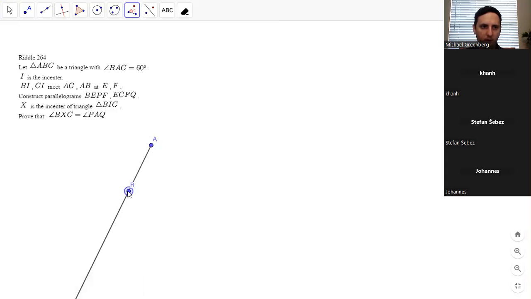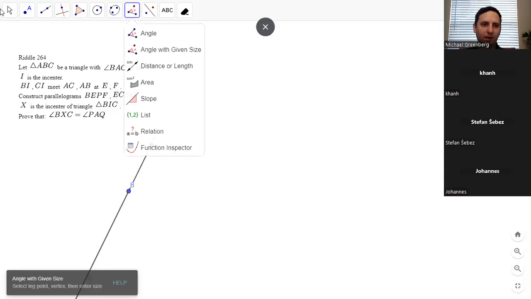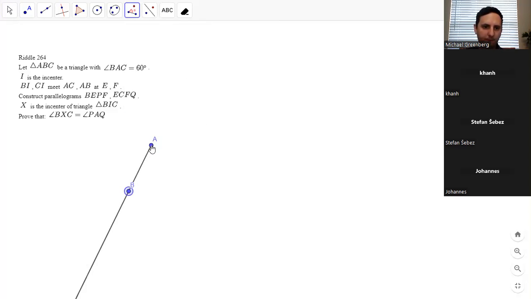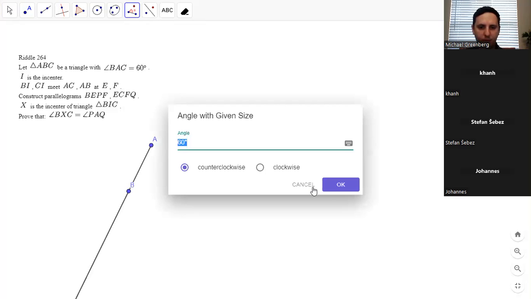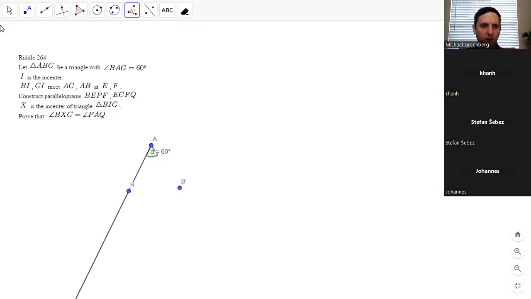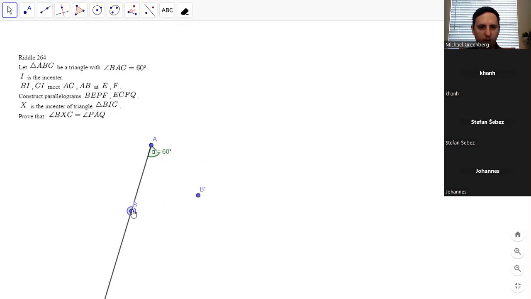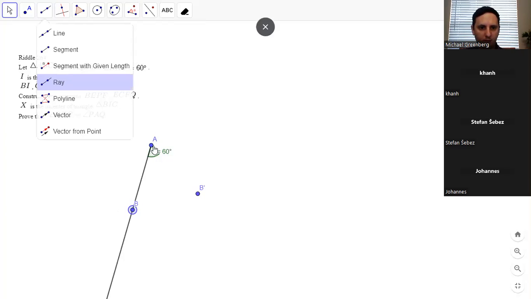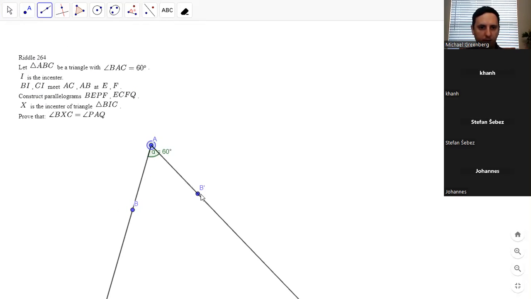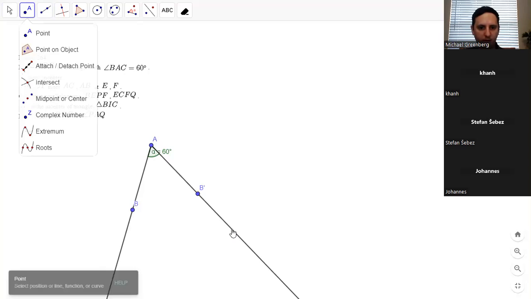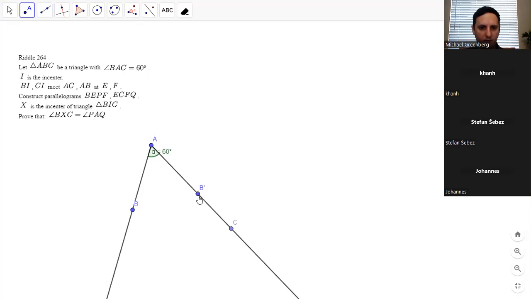Point. What about this whole ray? That's really what I wanted. Then this vertex. Oh, I think it has to be a point, not a ray. I think that's why I was getting confused. Okay. And this is AB. Let's make C some point on this ray. Yeah, that should be good enough.